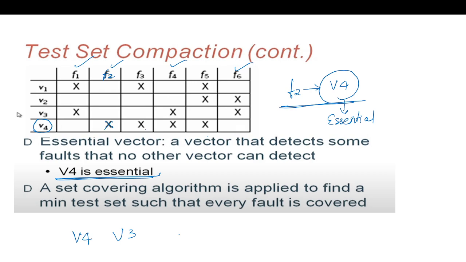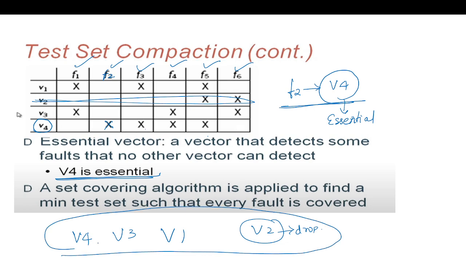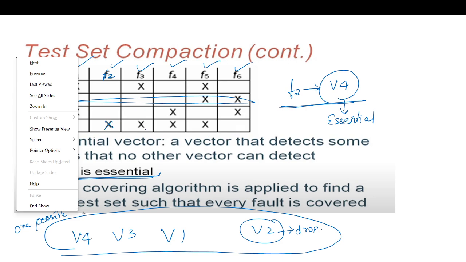Now if we have V1, this will be detected and this will be detected. So this is not required. We can drop V2. There may be other possible combinations. Also, this is one possible minimum test set.